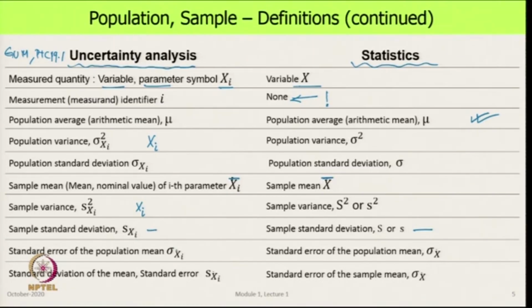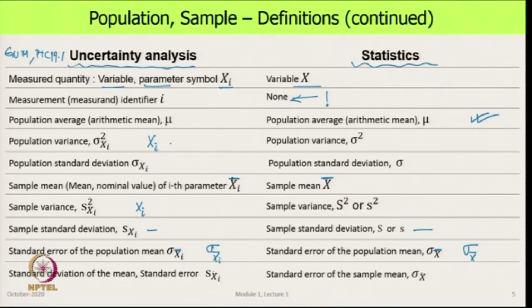Standard error of the population here is sigma xi bar, whereas in statistics it is sigma x bar.